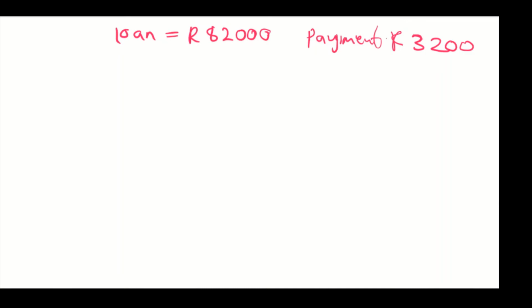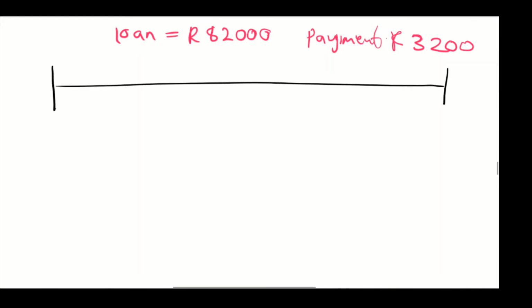Now we want to know how much she'll owe, right? Let's first draw our timeline and indicate that at T0 it's when she took the loan in 2018, right? So she took a loan and didn't make payments up until we reached the 1st of July, right? Then that's when she made her first payment of 3,200 rands, right? Yes, that's what the statement says.